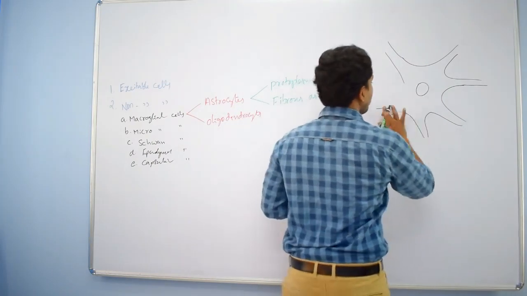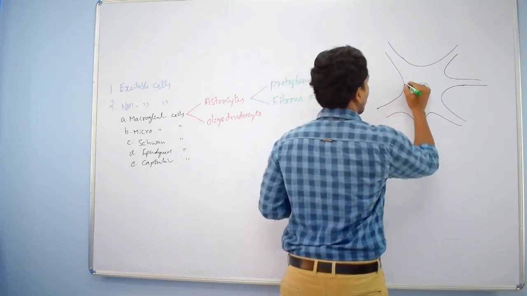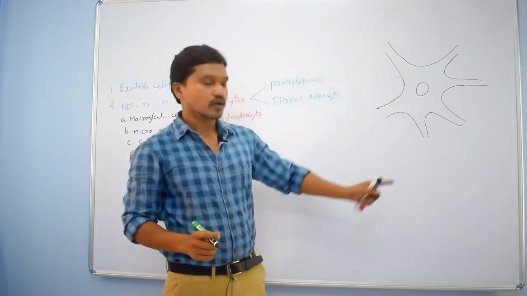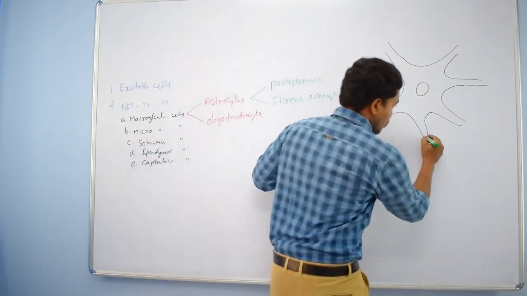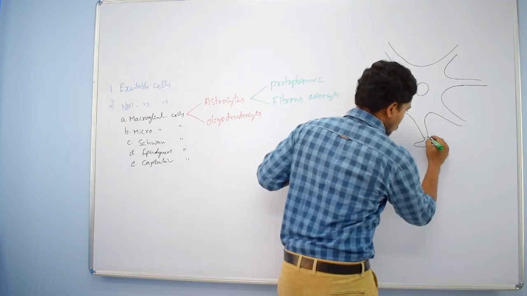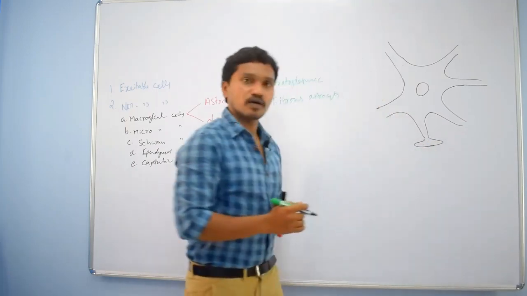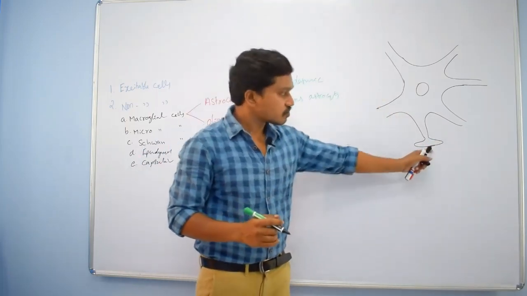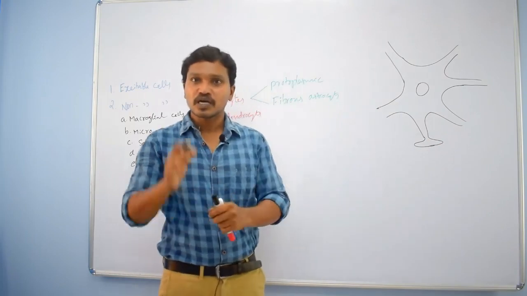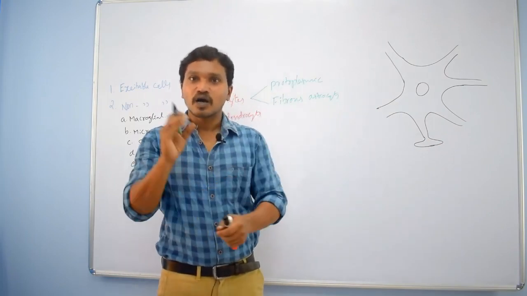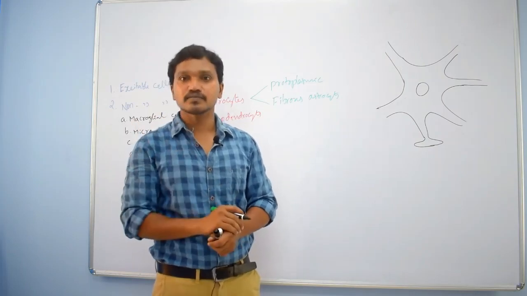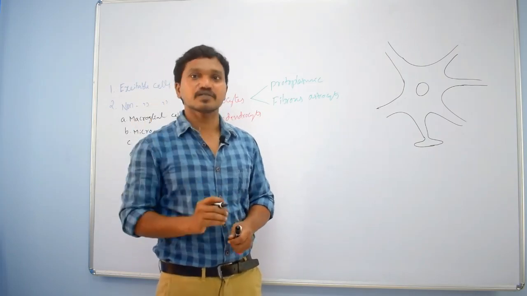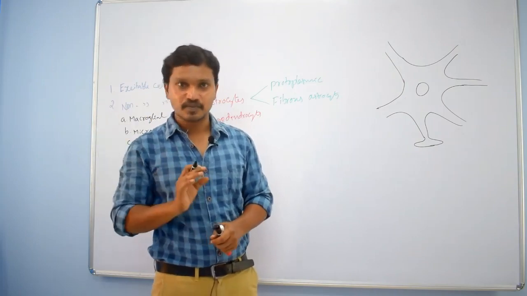At the end of each process, we can find a plate-like foot process. These foot processes rest over the capillaries, ependymal cells and pial surfaces of the CNS, right?